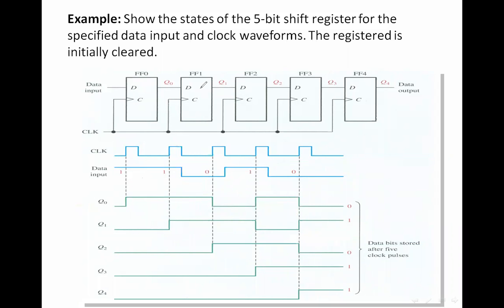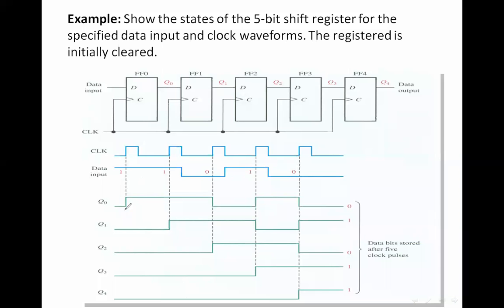Now, see the first pulse. The first pulse that we have here will be only concentrating on Q0. So for the data to pass to Q1, we need 2 clock pulses, right?